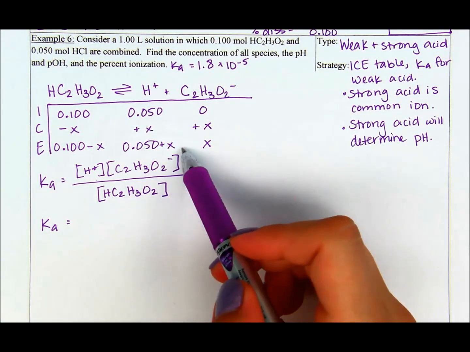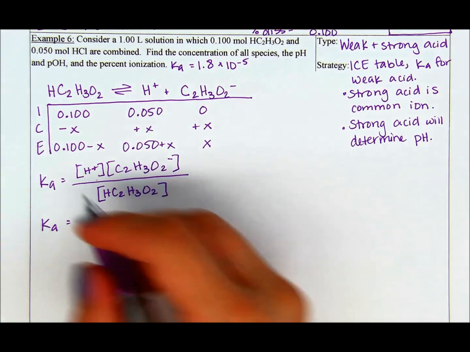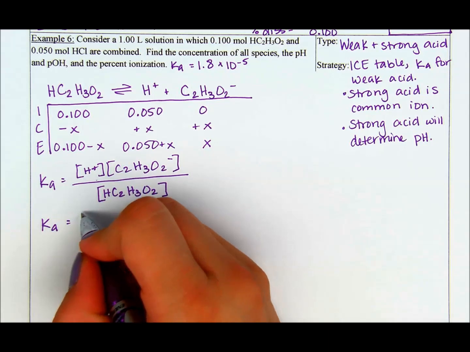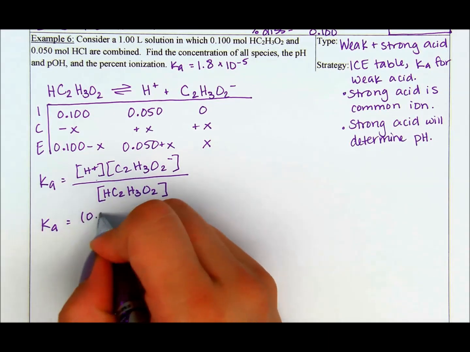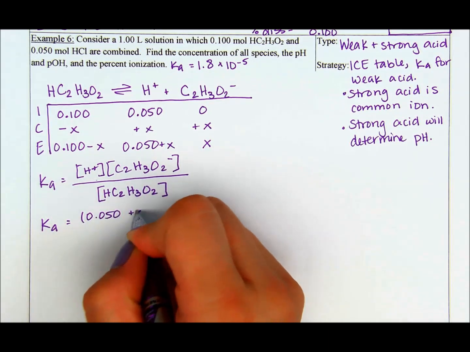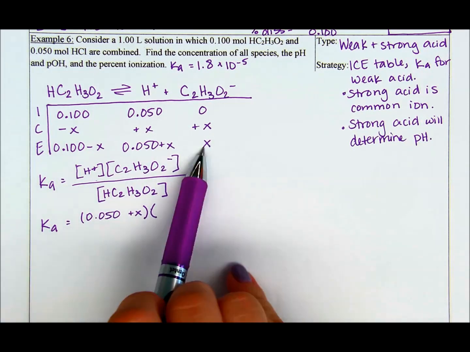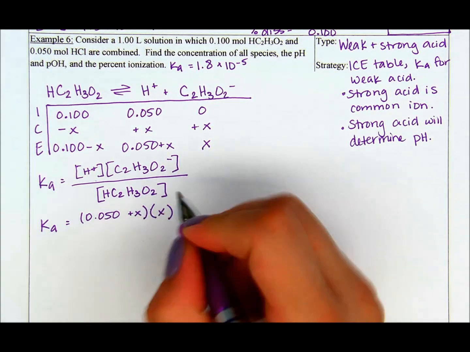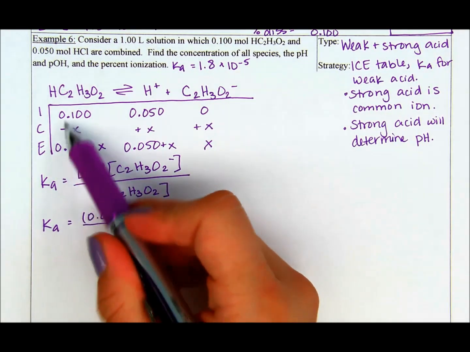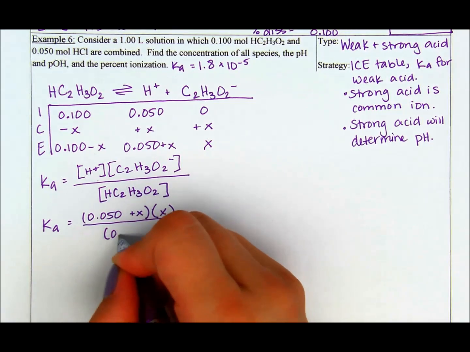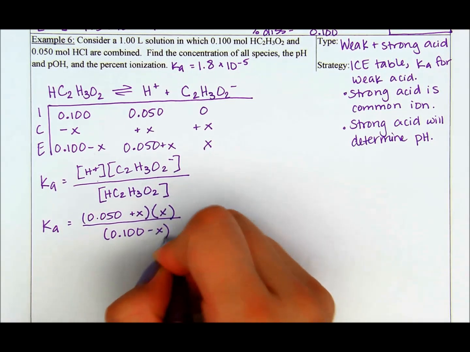So it's not going to come off very much because it's such a weak acid going up against a strong one. So the H plus is 0.050 plus X, and your C2H3O2 minus, your acetate, was just X, over my reactant, my acetic acid, again, 0.100 minus X.